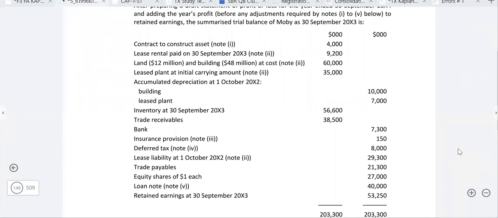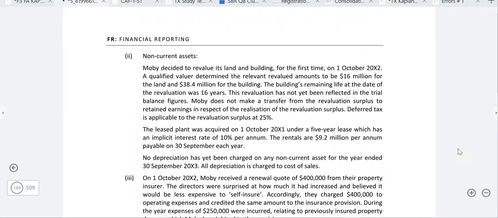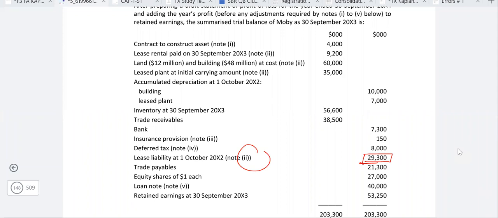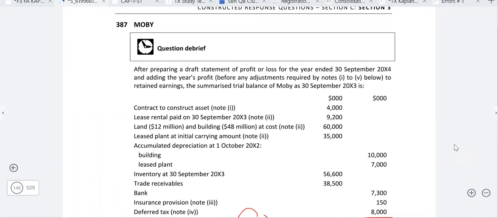So lease liability of 29,300. And again, there is a note number 2 with that. So as I said, all the questions look the same. The lease plant was acquired on 1st October 20x1, and the year end is 30th September 20x3.